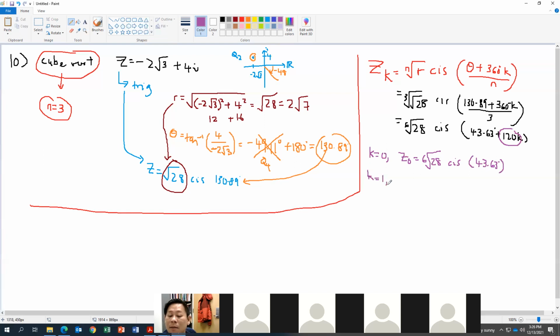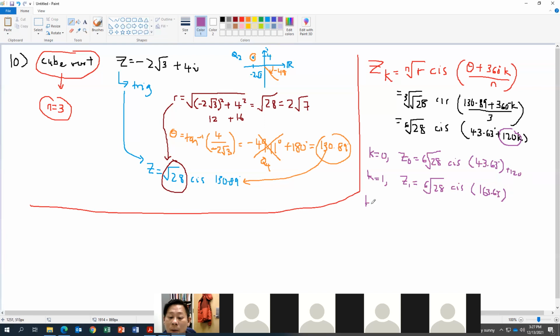When k is 1, z1 will be the 6th root of 28 cis, and you take this 43.63 plus 120, and you will get 163.63 degrees.